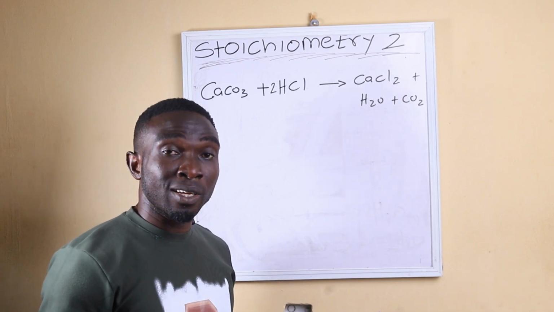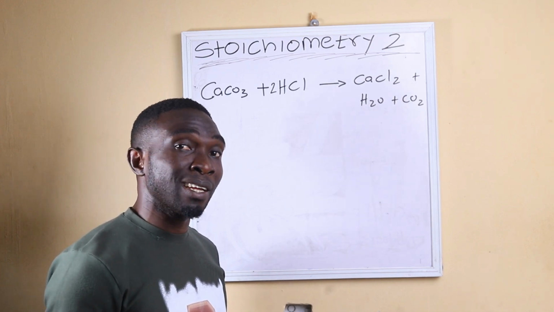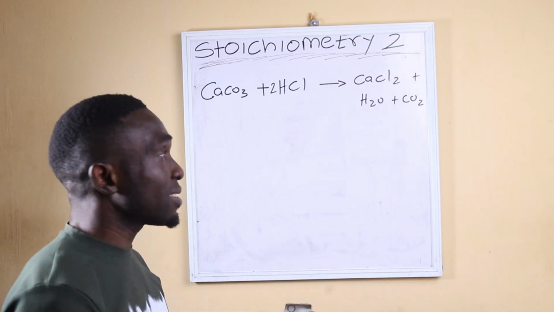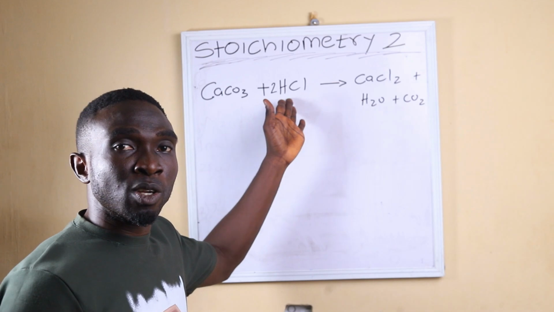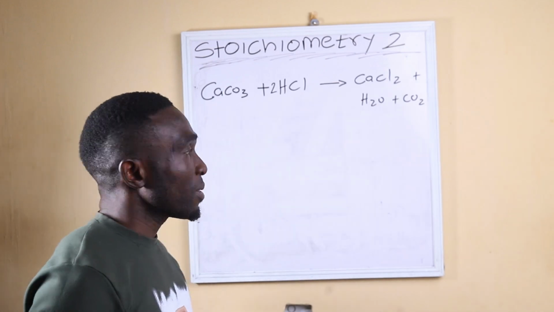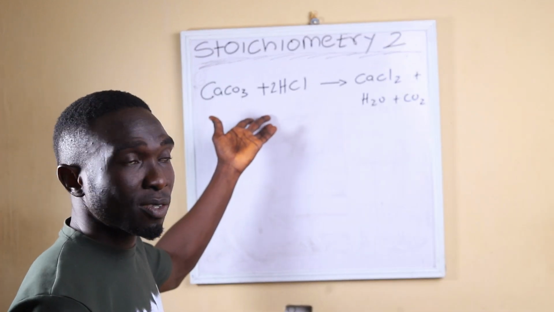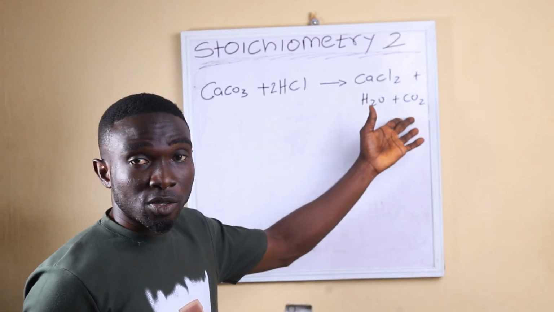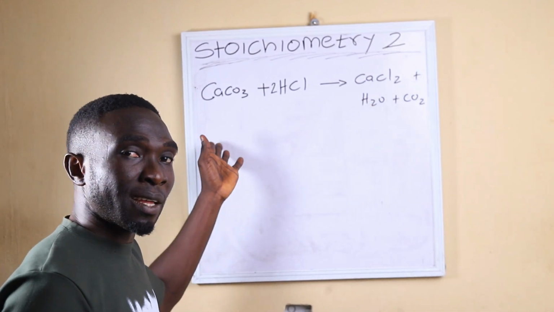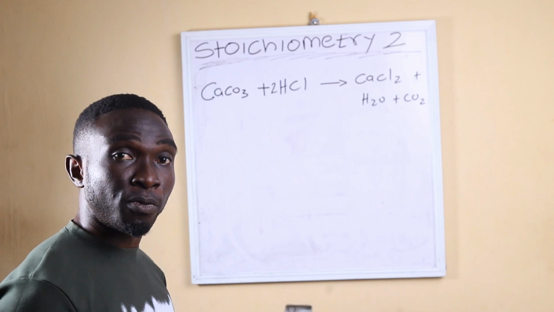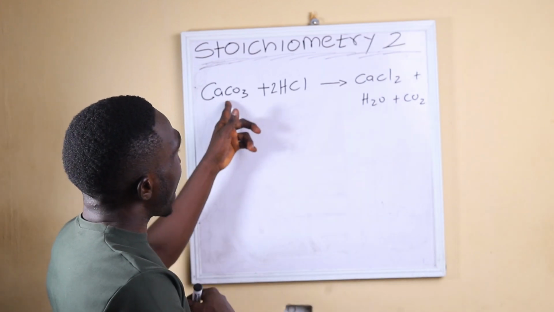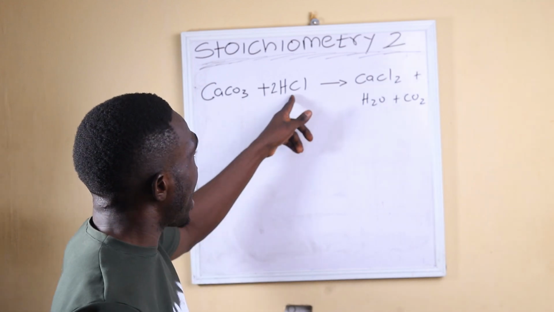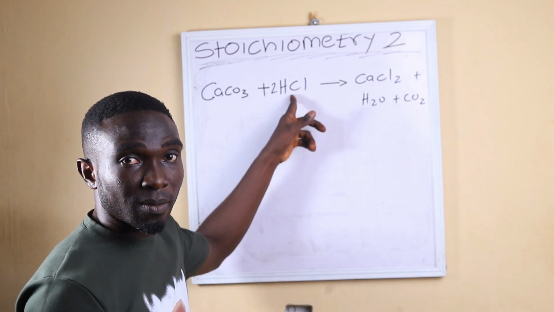Now, stoichiometry, as the calculation of quantities of reactants and products, connects 2 things. It could either be 2 reactants, or 2 products, or a reactant alongside a product. For example, a stoichiometry question can connect calcium carbonate with hydrochloric acid.